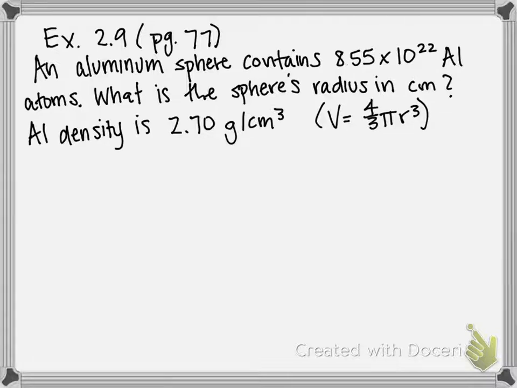So the general strategy for this is we're given this number of atoms. So we're going to start with atoms. We're going to convert those to moles using Avogadro's number.